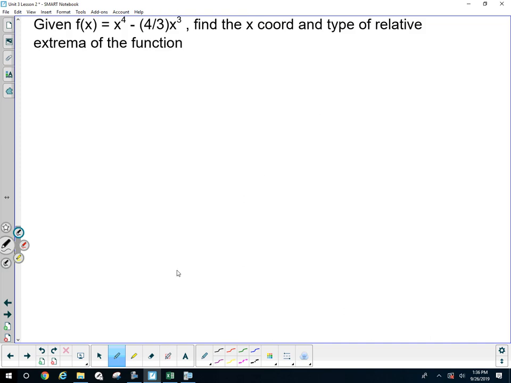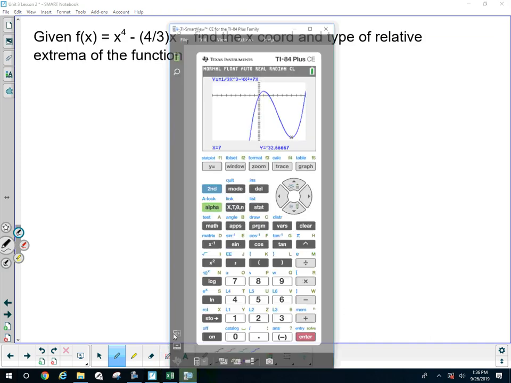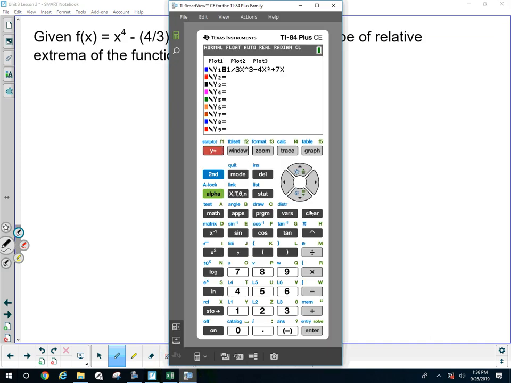I'm going to go ahead and graph this for you guys, so when we're done we can see our work in all its beauty.